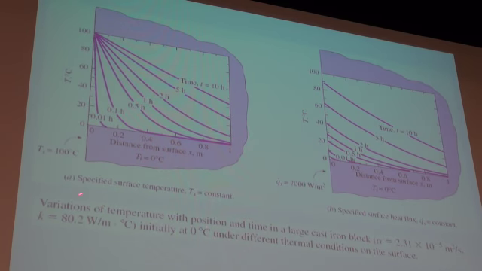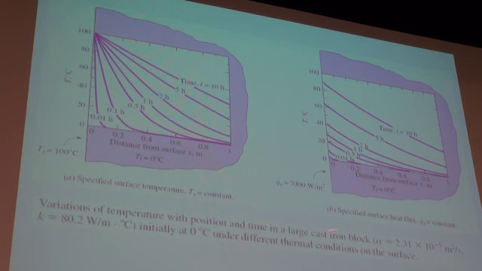So a big cast iron block, we put it in an oven, and only the surface is exposed to a temperature of 100 degrees Celsius. So that would be how the solution would look as a function of time. So we can see that at about 400 millimeters from the surface, after 1 hour, the temperature would be less than 40 degrees in this block. Okay. So that would be the solution for the first case.